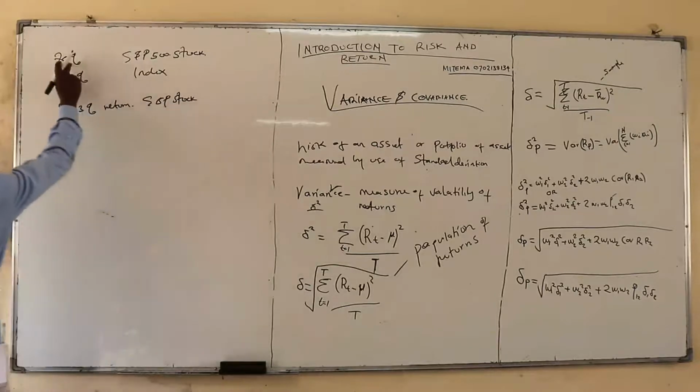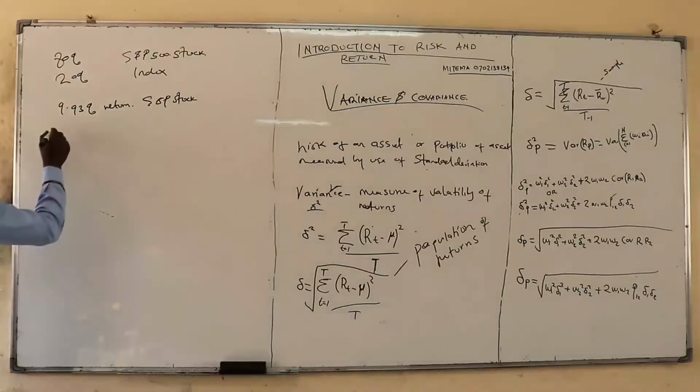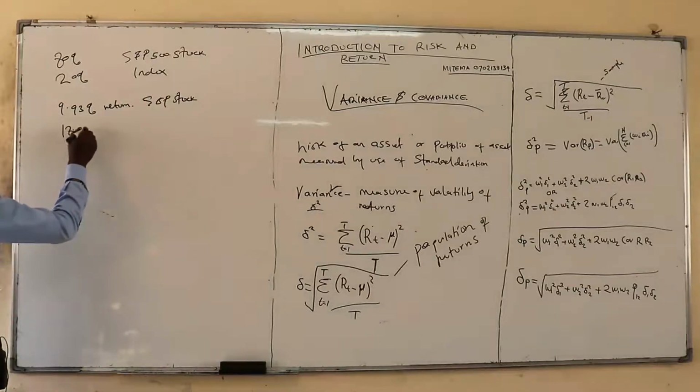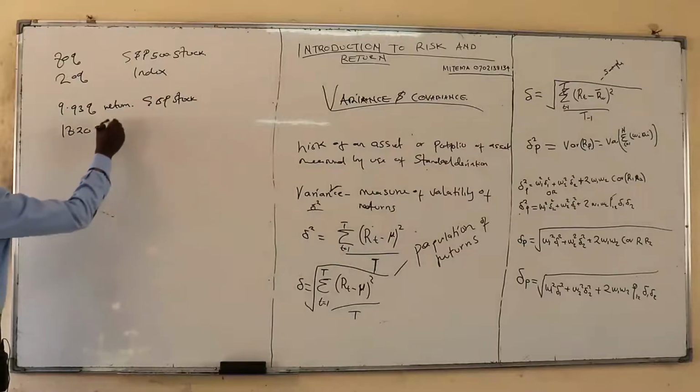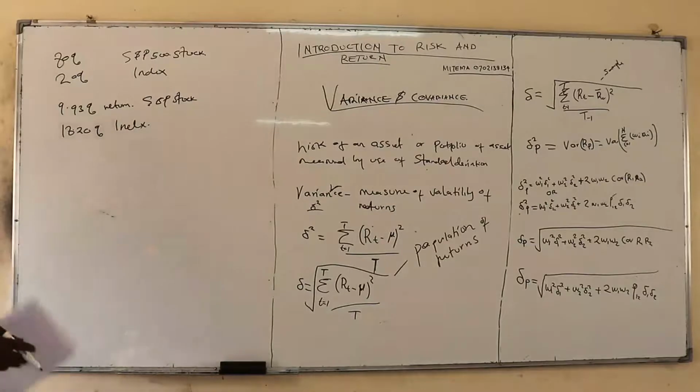So this is 80% with a return of 9.93%, and 18.20% for the index. This is the return on the index.